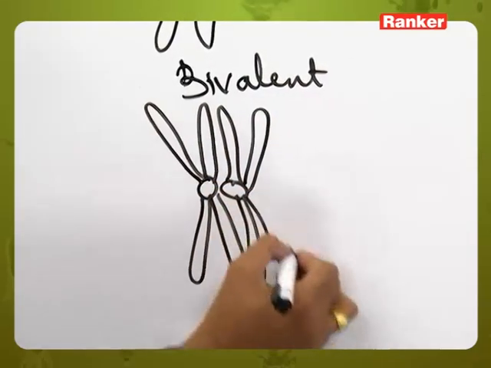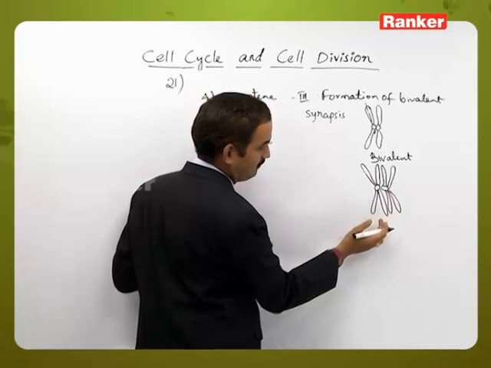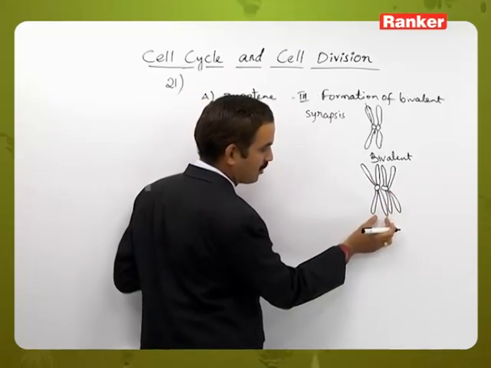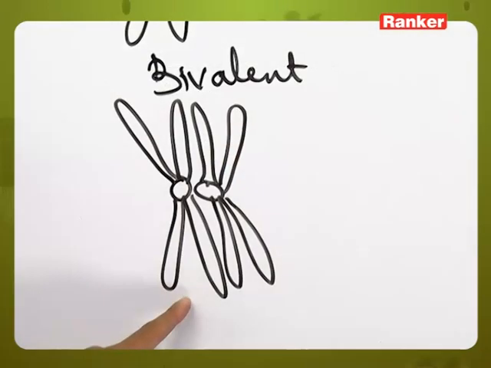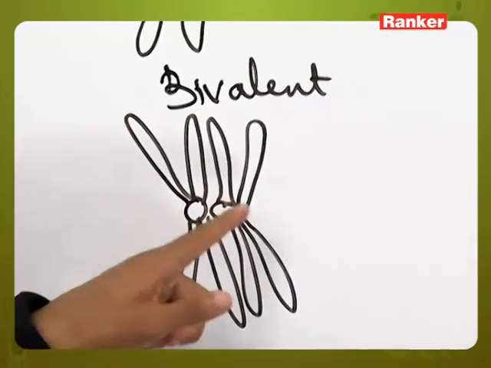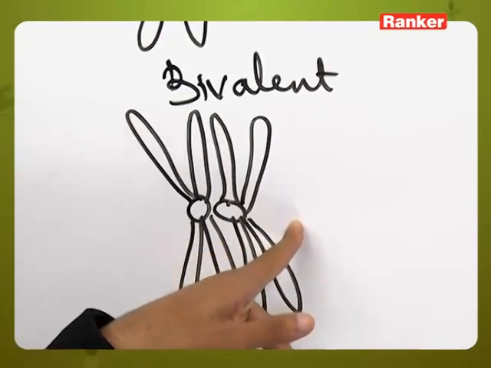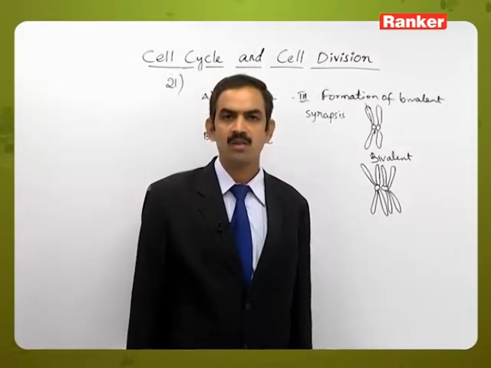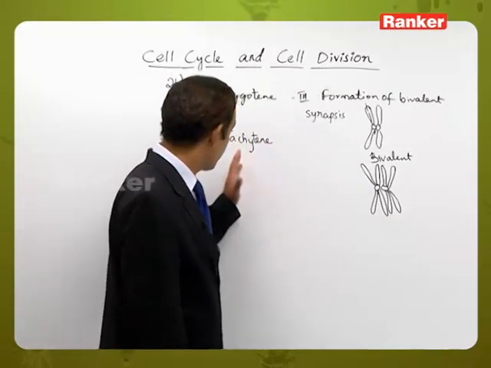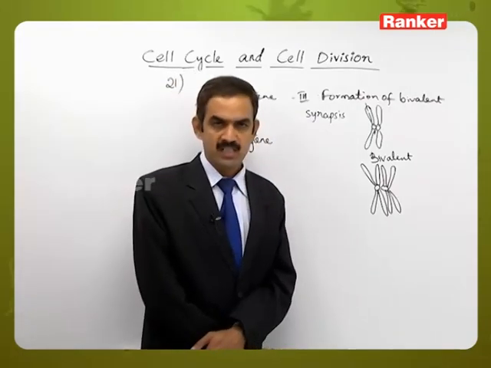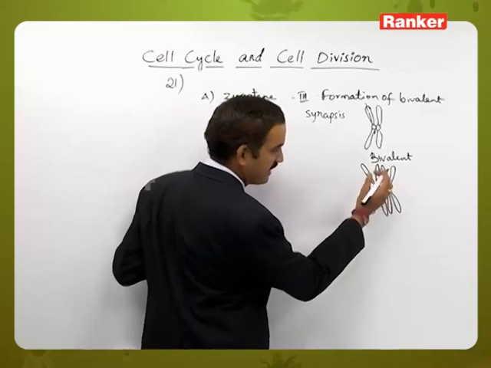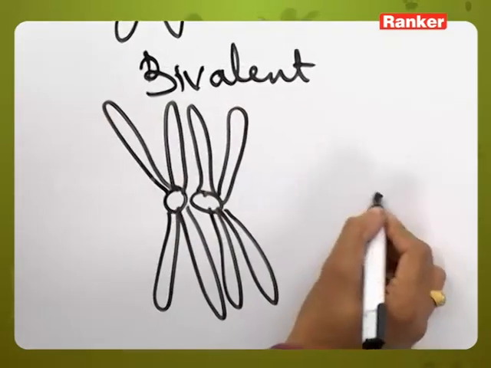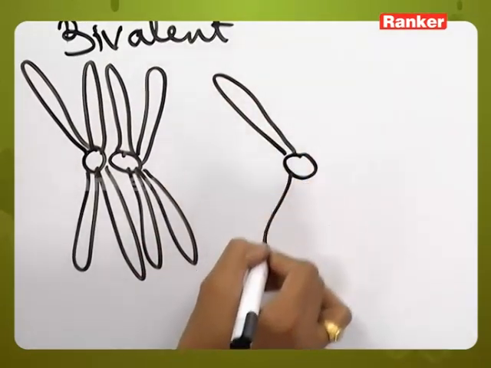We call it a pachytene tetrad, and these two chromatids are called sister chromatids and these two are called sister chromatids. And one of the chromatids from one homologous chromosome and one of the chromatids from the other homologous chromosome are called non-sister chromatids. During pachytene, the non-sister chromatids will get attracted to each other and they will form a pair, or we can say they will form an attachment like structure. So we can show like this.